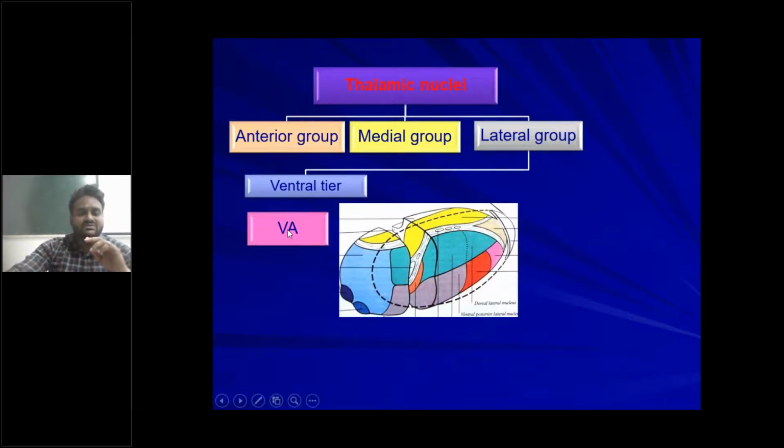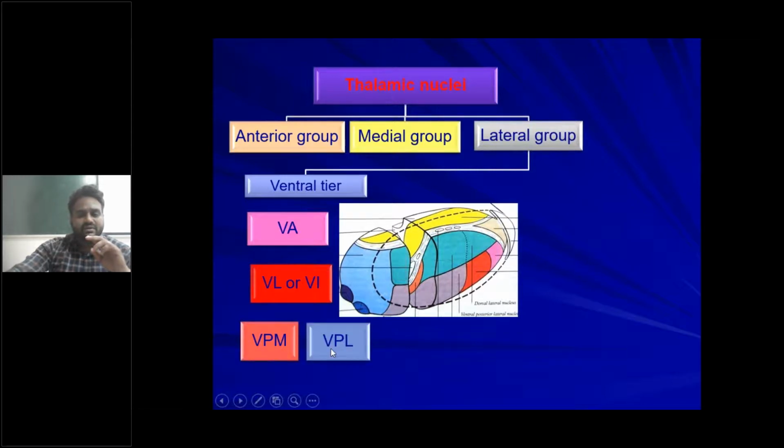Under the ventral group, these are the subnuclei: ventral anterior, VA; ventral lateral, VL; ventral intermediate; ventral posterior medial, VPM; and ventral posterior lateral, VPL.